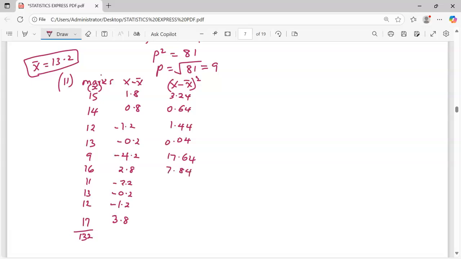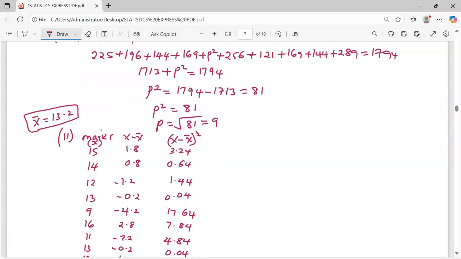Negative 2.2 squared, you get 4.84. Negative 0.2 squared, you get positive 0.04. Negative 1.2 squared, you get 1.44. And lastly, 3.8 squared, you get 14.44. After that, we are going to get the summation of all the squares. And if you add all the squares, we are going to get 51.6.